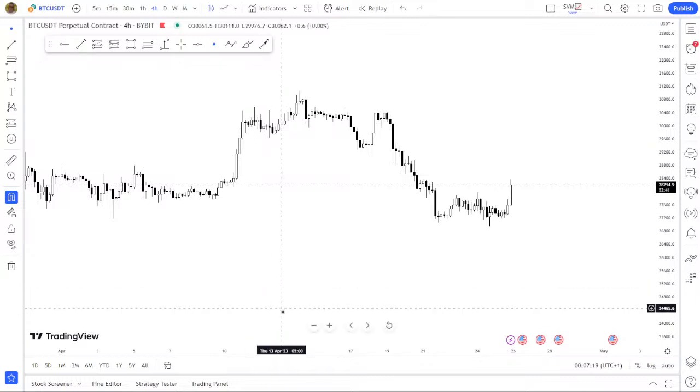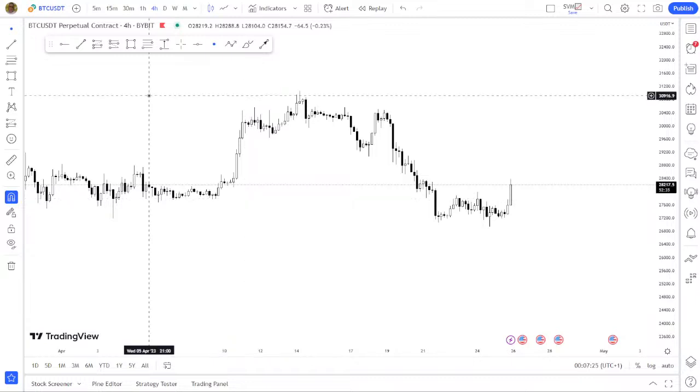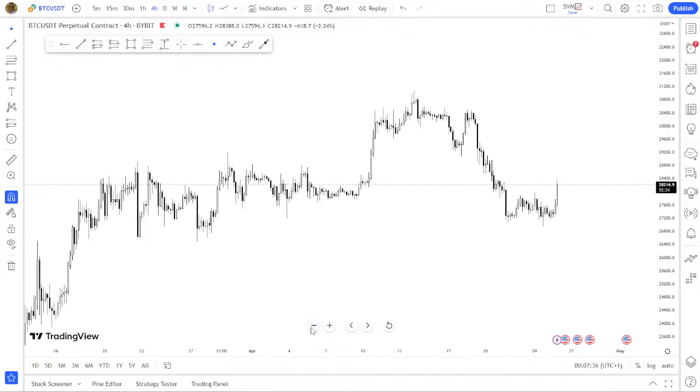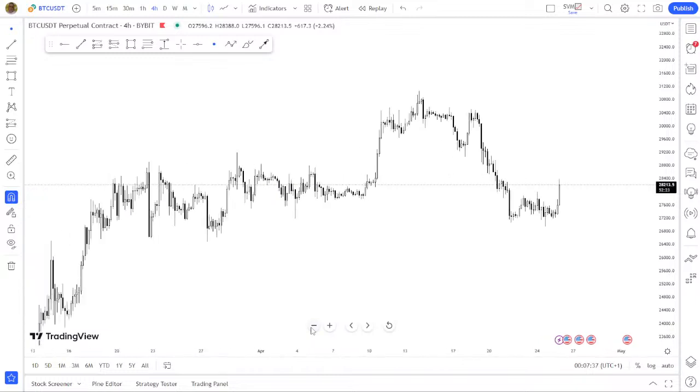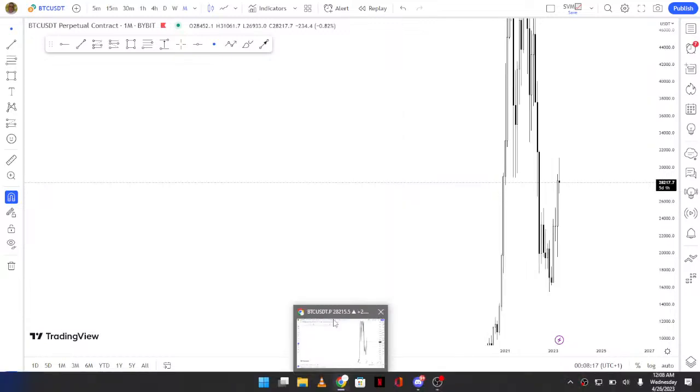So let's start plotting our lines. The way I do my analysis, and that's the way you should too, is that I start from the bigger time frames. So now moving on, I'm going to start from the monthly time frame.